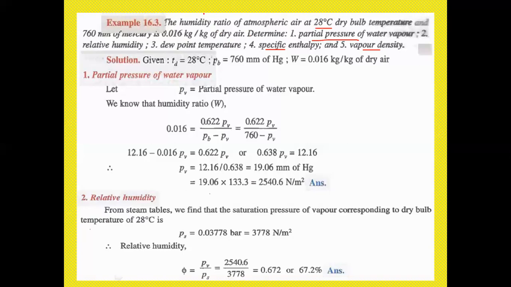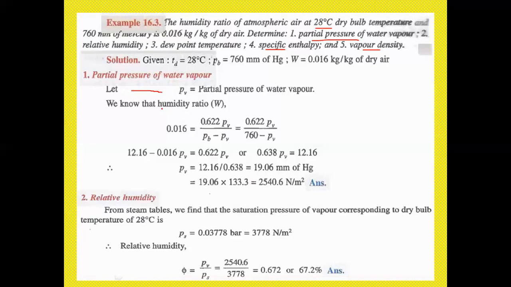The data to find: the partial pressure of water vapor, the relative humidity, the dew point temperature, the specific enthalpy, and the vapor density. Let PV be the partial pressure of water vapor.